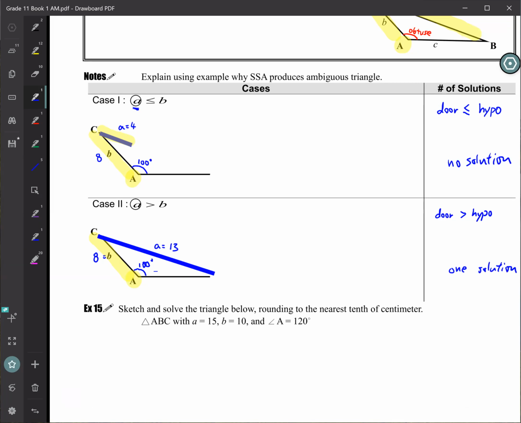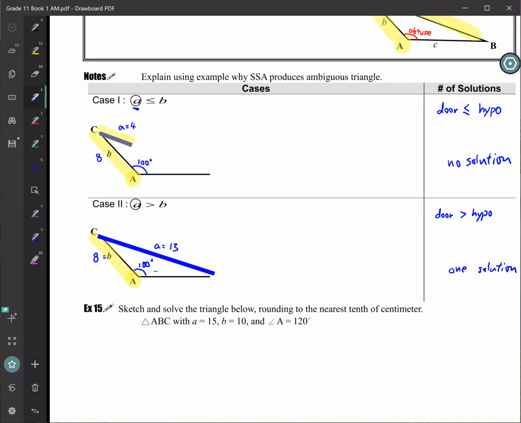Okay, 4 is shorter than 8, so 4 will be like half of 8. That's the door. If I swing it, look at how I swing the side, the door. No matter where I swing it, it's never going to touch the ground. It's never going to make a nice triangle with three sides connected, because 180 degrees opens really wide.